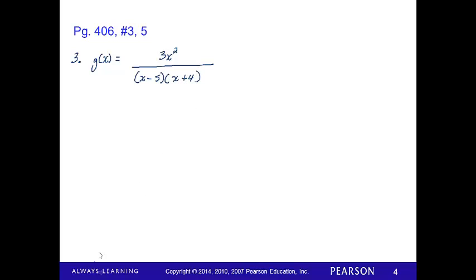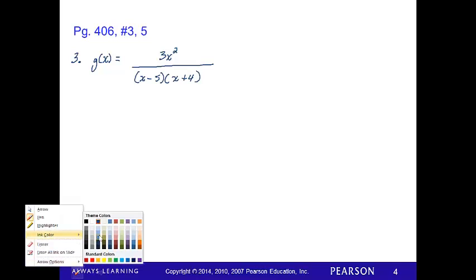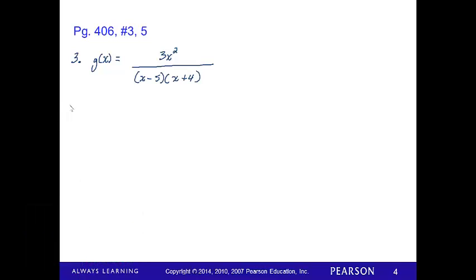Well, to find the domain, step 1 is to set the denominator not equal to 0. Step 2 is to solve for x.